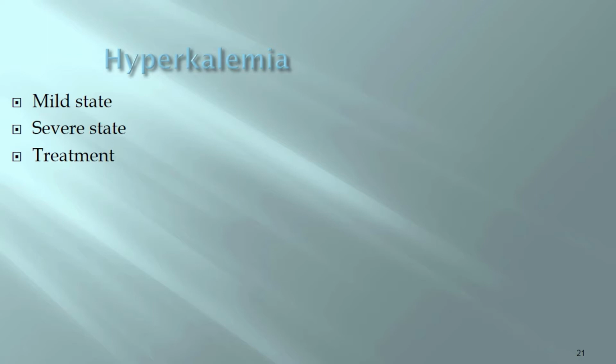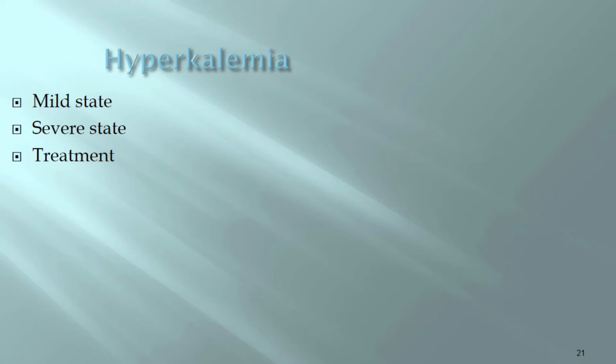Hyperkalemia, when it's mild, will result in hyperpolarization of the cellular membrane. And again, if we hyperpolarize it, then our neuromuscular irritability will increase. So the patient will complain of tingling of the lips or fingers.